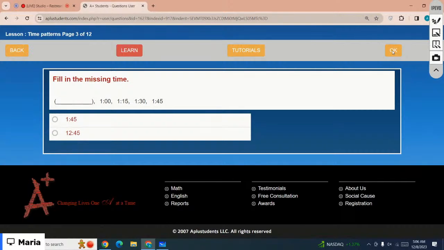Because you have to find the very first value, subtract 15 minutes from 1. So when you subtract, it is 12:45. So the correct option is 12:45. Very good.